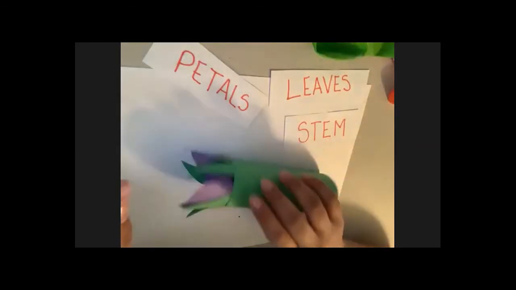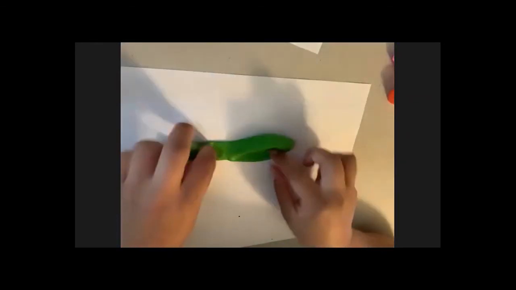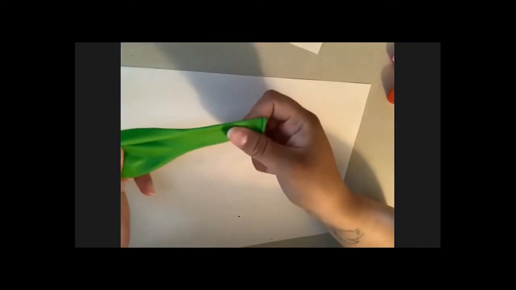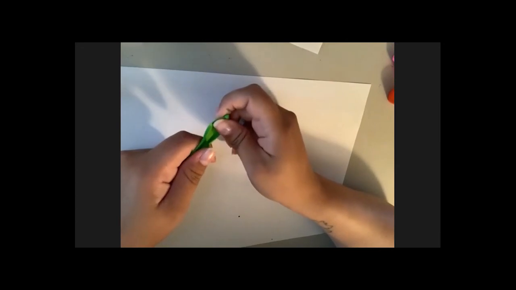Okay, so we have our stem, our leaves, and our petals now. Now I want you all to take your balloon, and we are going to tie the end. We don't need to blow the balloon. There is no air, as you can see. We just need to tie the end. So maybe you'll need the help of your adult for this.